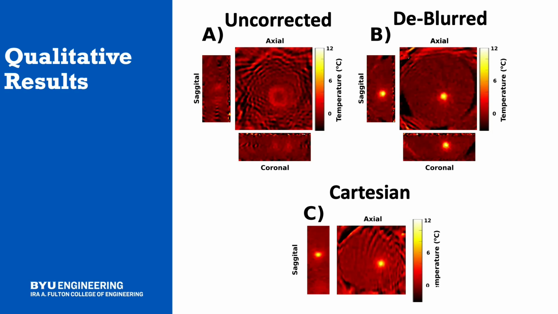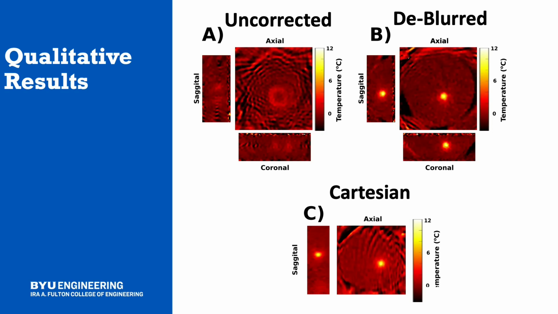On to the results. For long spiral readouts, such as those used in this sequence, deblurring is critically important. These images show the estimated temperature at the point of peak measured temperature in the phantom, without deblurring over here, with deblurring, and an example from the clinical Cartesian sequence.